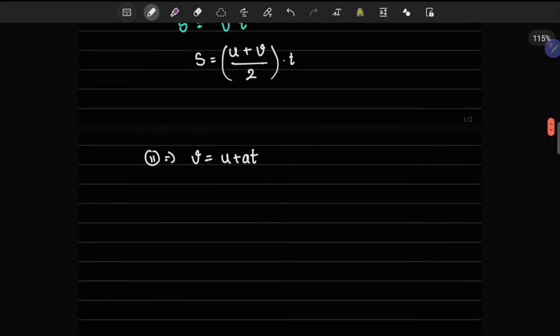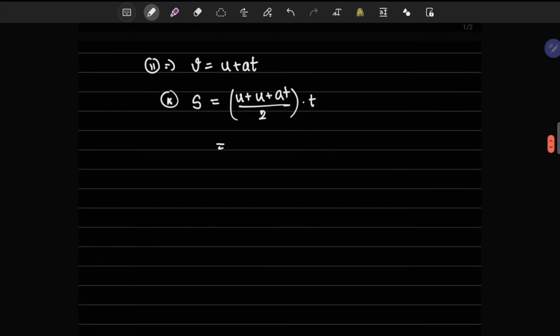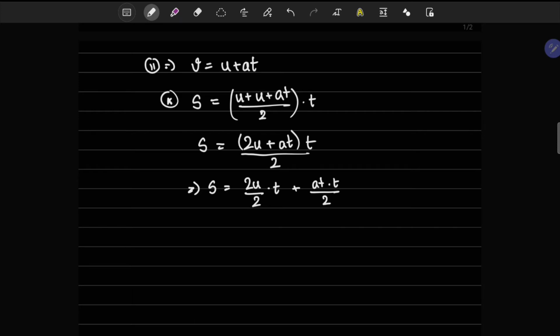So, if we input this into this equation, we get that S equals U plus AT over 2 times T. So we get that S is 2U plus AT times T over 2, or S is 2U by 2 times T plus AT times T over 2.